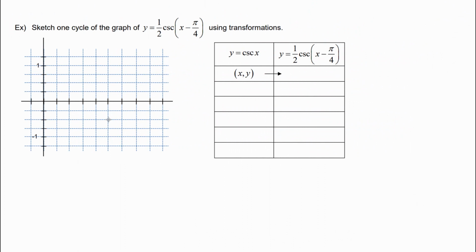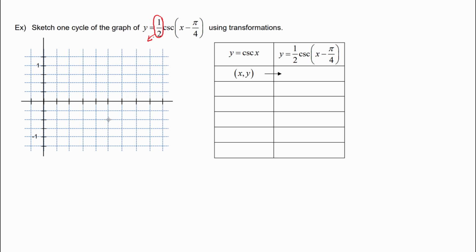Now let's do some hands-on examples. Sketch one cycle of the graph of y equals 1/2 times cosecant quantity x minus pi over 4 using transformations. Recall, what is this 1/2 multiplied in front of your function? That will be vertical stretch or compression.